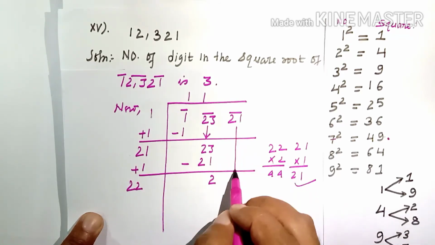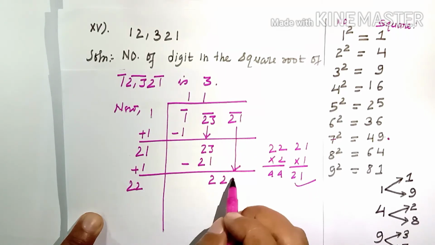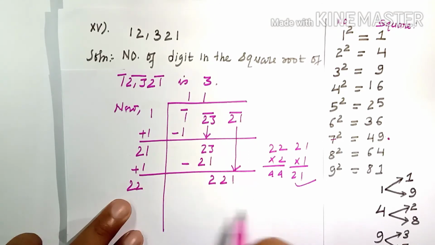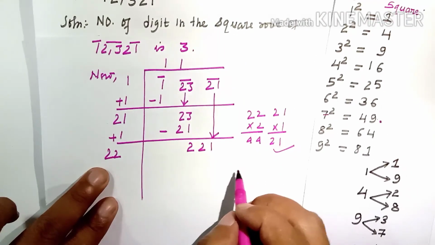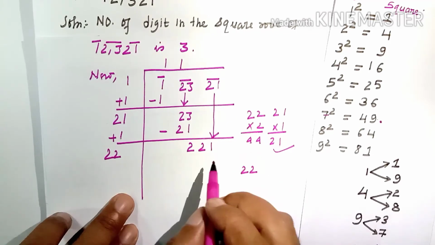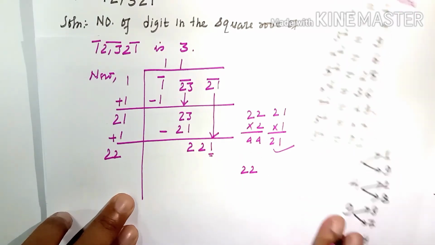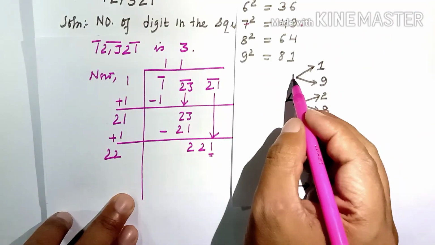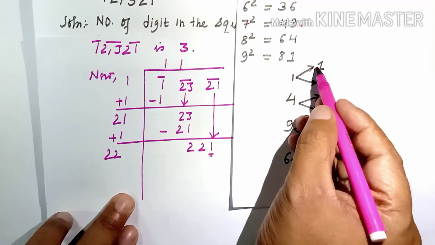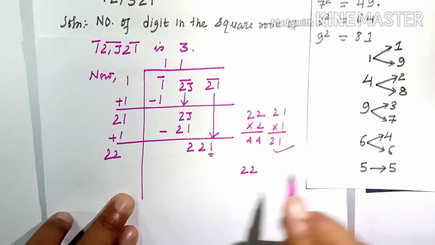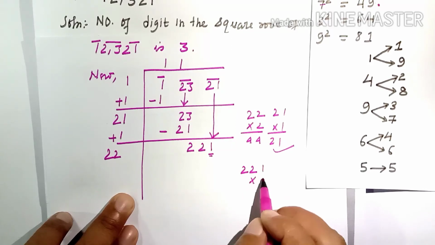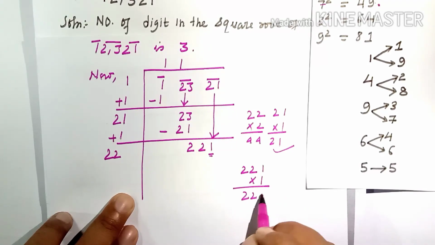Now drop the last period here, 21. So take this for rough work here, which is equal to 22. Check the unit place. If we get a unit place 1, then the possible numbers are 1 and 9. So I'll check first by 1. So what is 221 into 1?